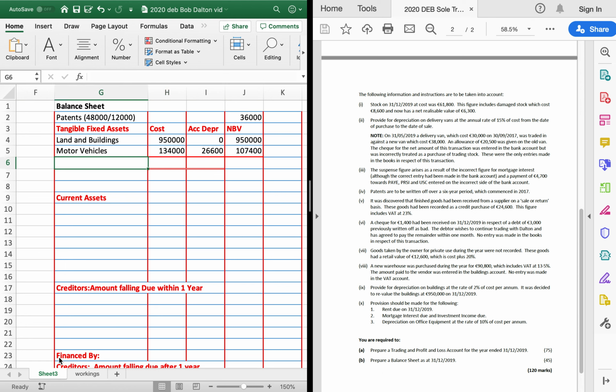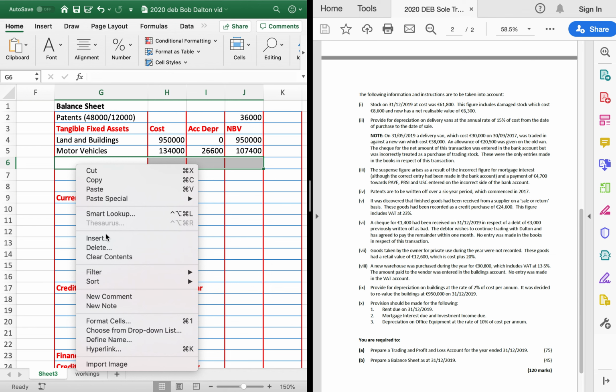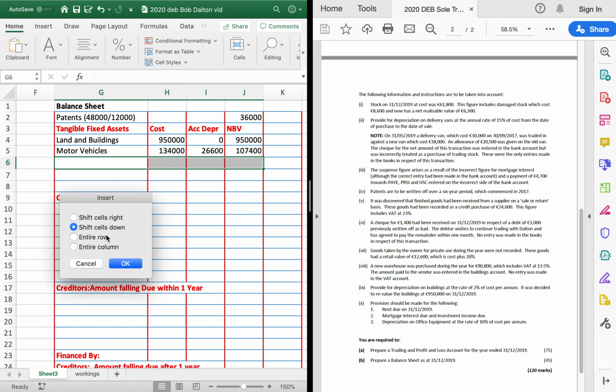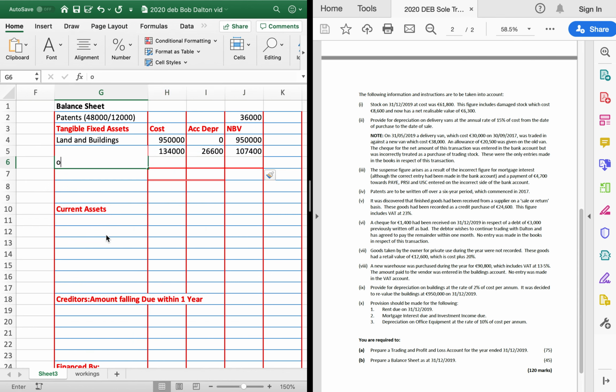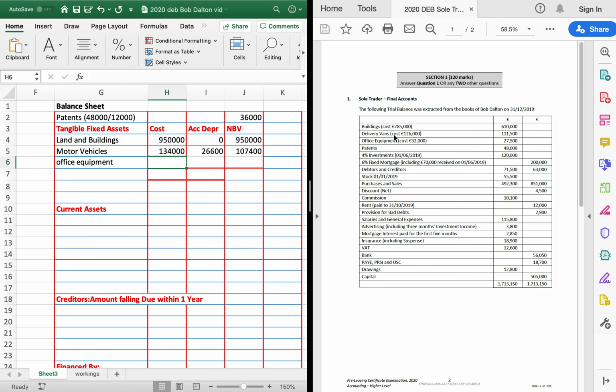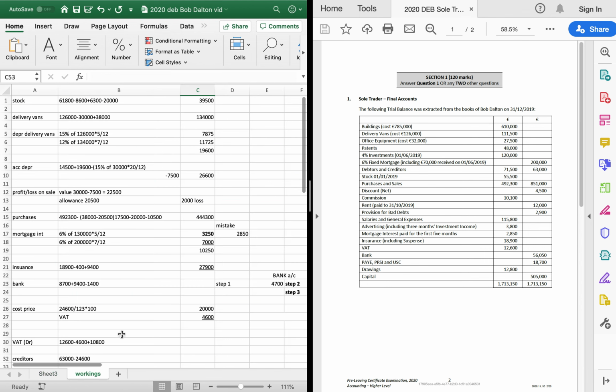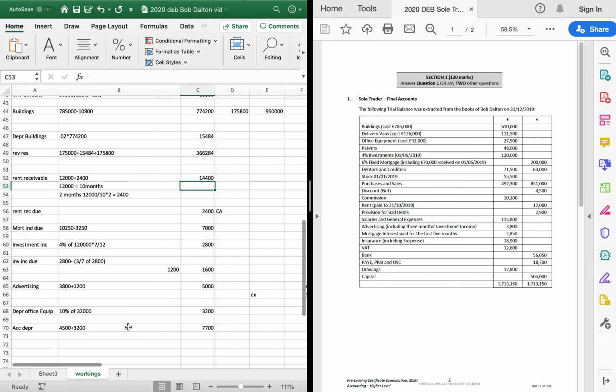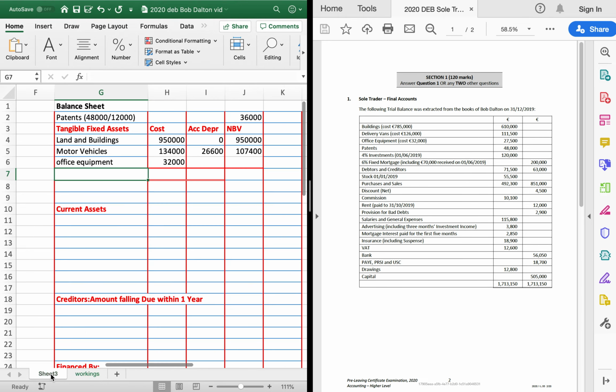Now there was also office equipment, which is a fixed asset. So office equipment was 32,000. There was accumulated depreciation of office equipment, one of the last workings, if not the very last one, yeah, of 7.7.